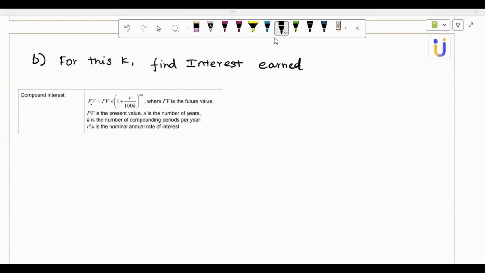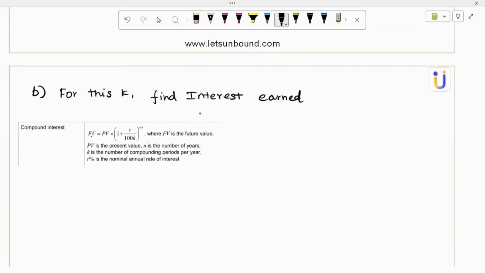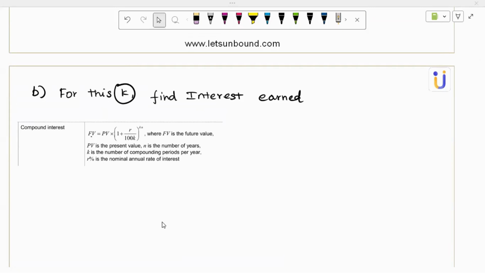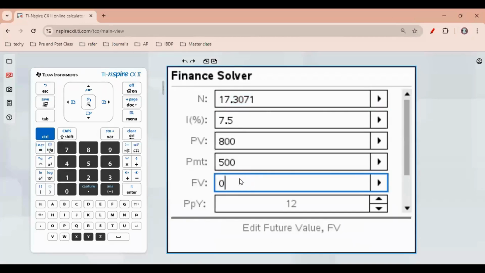Right. Now let's solve this. Let's find the future value. Future value also you can find using the calculator, because we know K is 18. For 18 months only we are calculating, right? So we can again switch to the calculator page and continue over there. My n should be positive, for that K we need to solve.